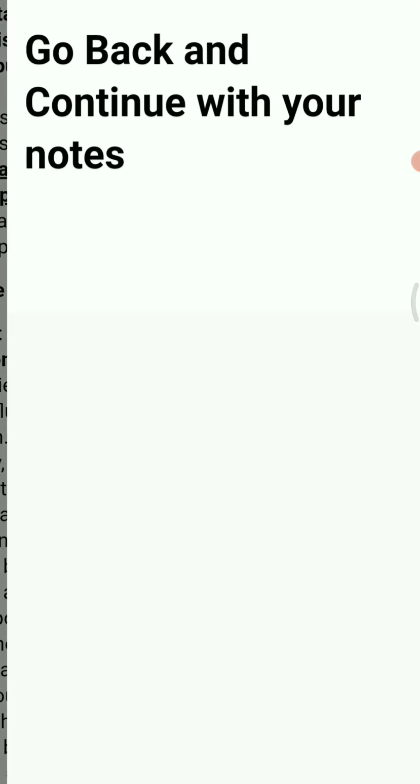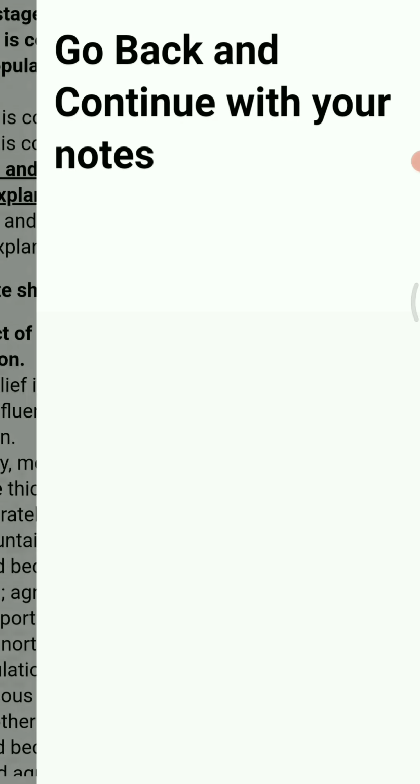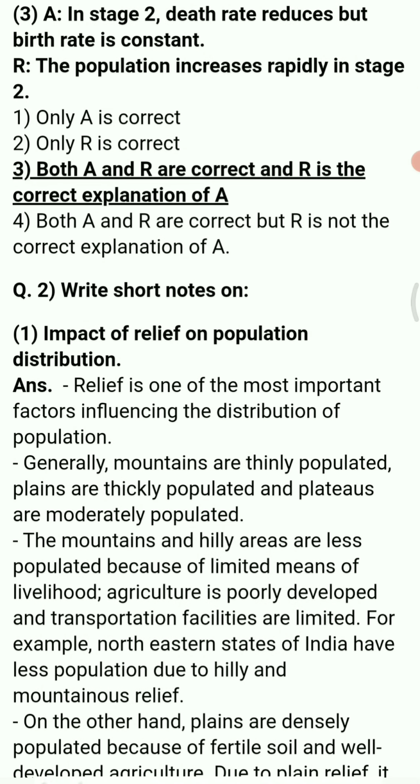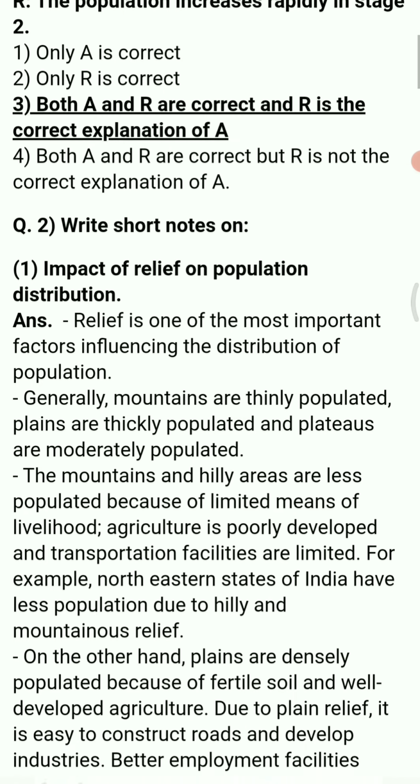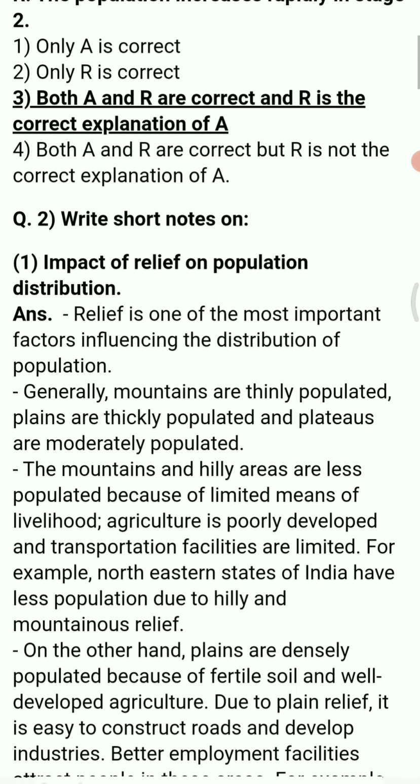In the early expanding stage the population increases rapidly because it is also called the population explosion stage. Death rate reduces but birth rate is constant. So both A and R are correct explanations. Option 3 is the right answer.